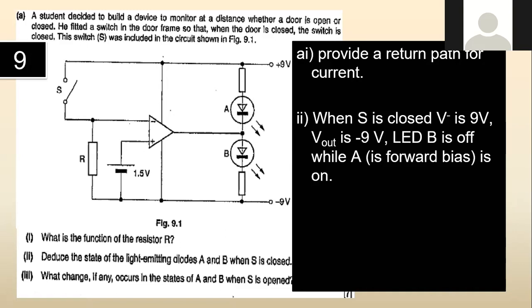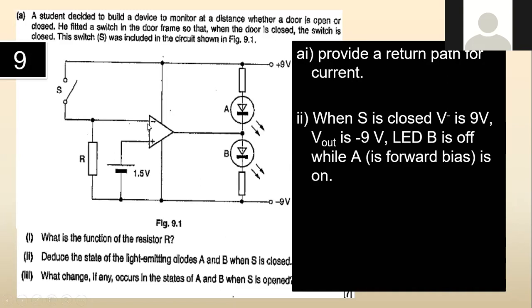What change, if any, occurs in the state of A and B when S is open? When S is open, what are we doing? We are connecting this negative input to the minus 9 volt there. Right? So it means that, remember, there's a very high resistance inside there. So it becomes a potential divider. So that voltage is very close to minus 9 volt.